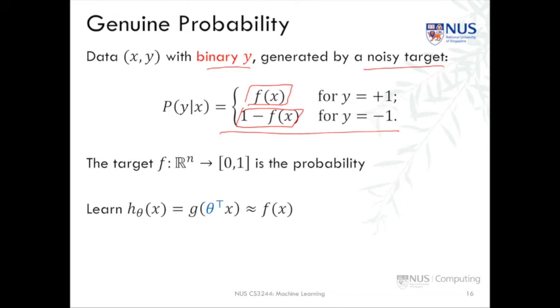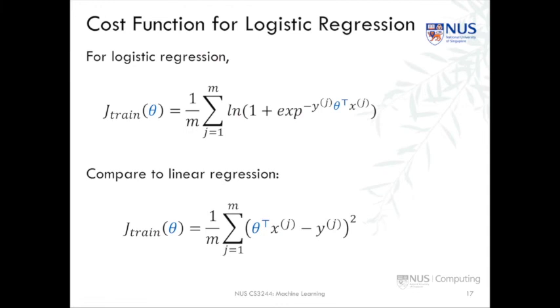So we're trying to learn a set of parameters theta that is going to match this hidden target function as best as possible. In the post-class lecture, we're going to go through how the cost function that we've outlined here comes about. But for now, let's just take it as it is.